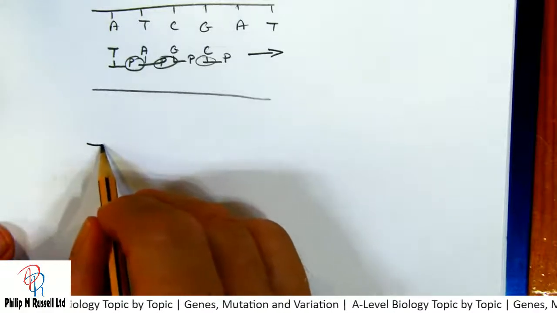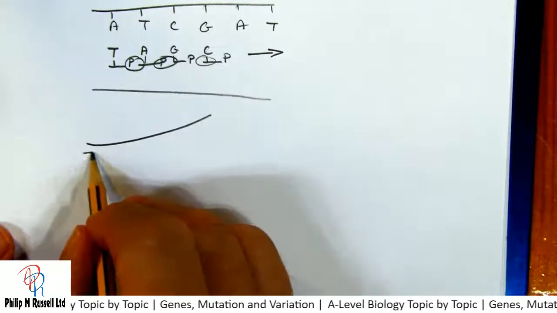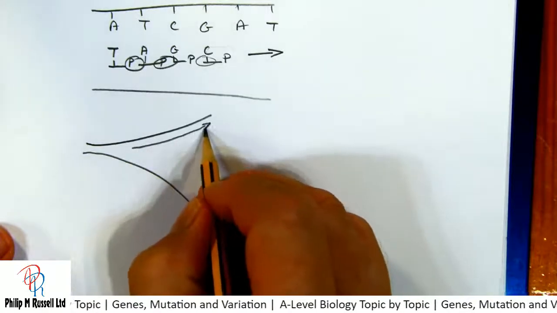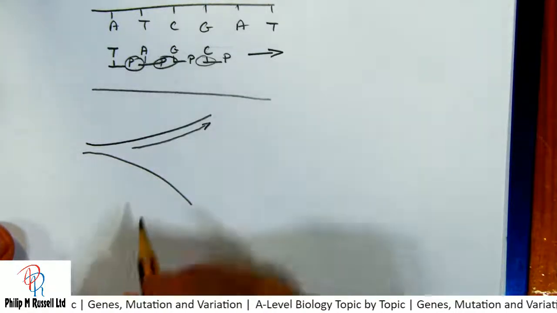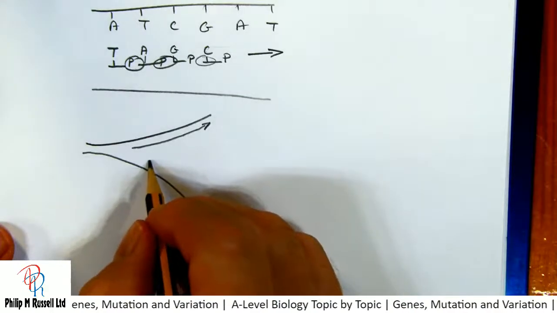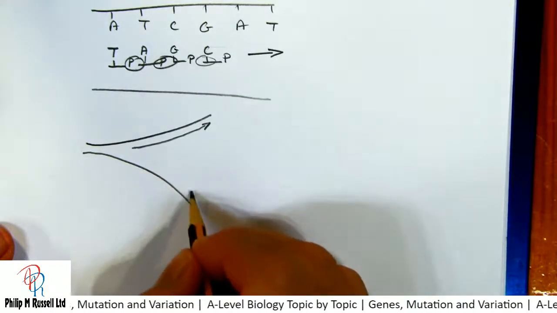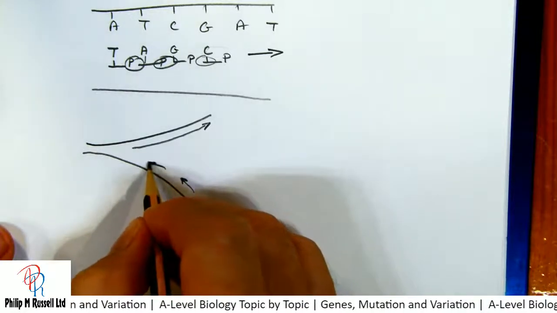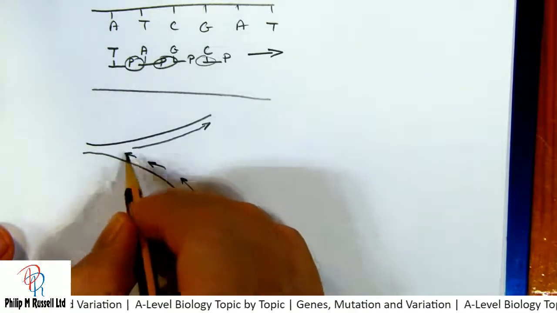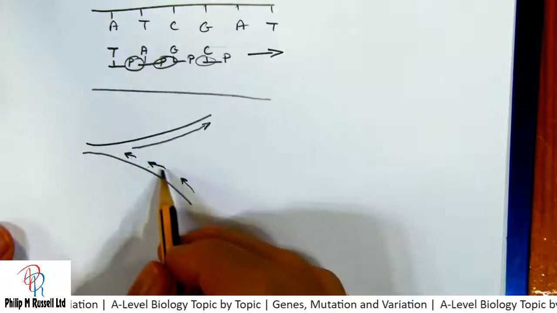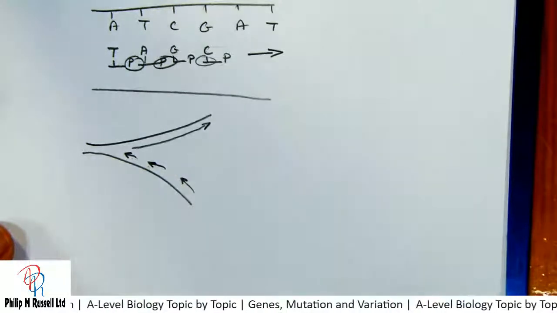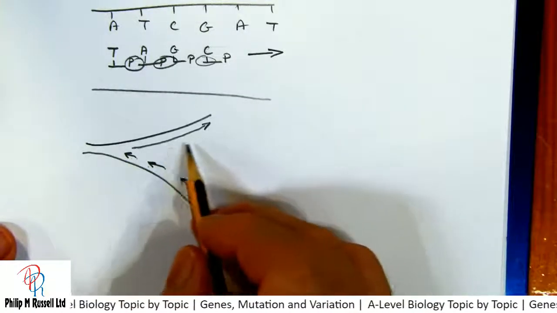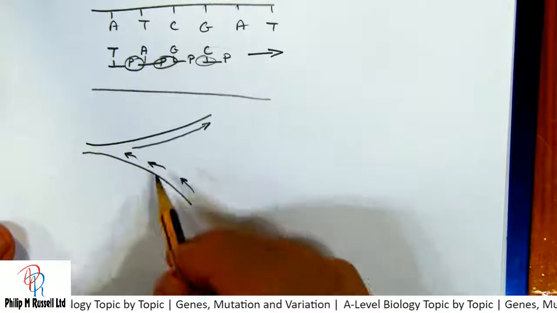So if I split my piece of DNA, on this side it can go in this direction, but on the other side it's got to go in the other direction. And so it starts at different points and it moves along and joins up. So it's working one way on one strand and the other way on the other.